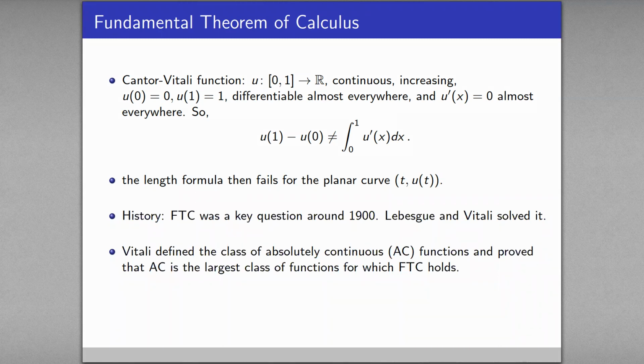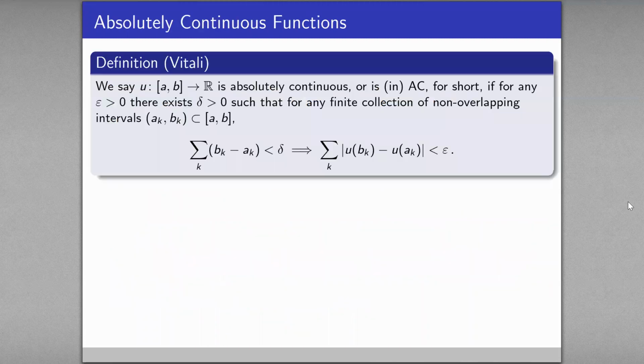And he proved that AC is basically the largest class where FTC holds. So it gives a full answer to the question. And of course, this includes the claim that AC functions are in fact differentiable, so that you can begin actually to write the formula down.